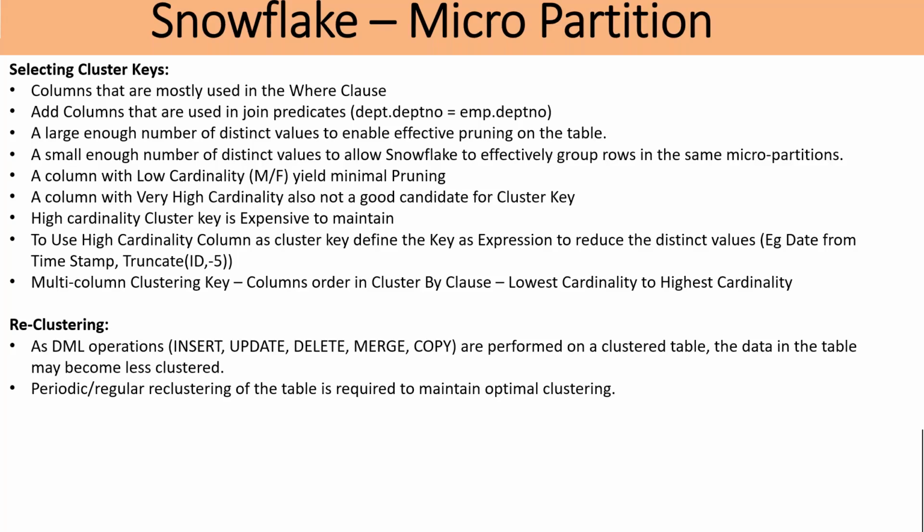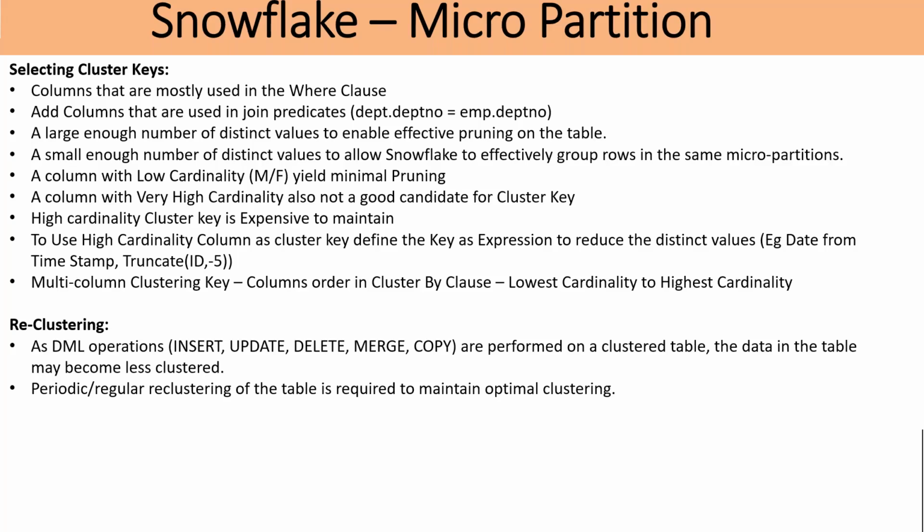So how do you identify a clustering column? Columns mostly used in where clauses, and columns used in join predicates. I've already spoken about this. Then a large enough number of distinct values to enable effective pruning on the table. But it cannot be a primary key.